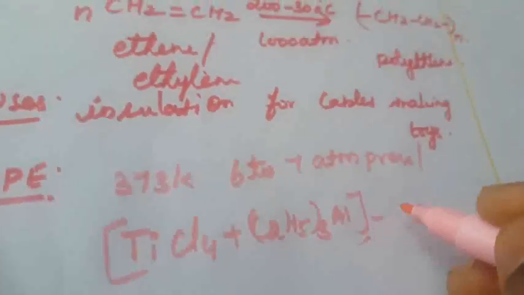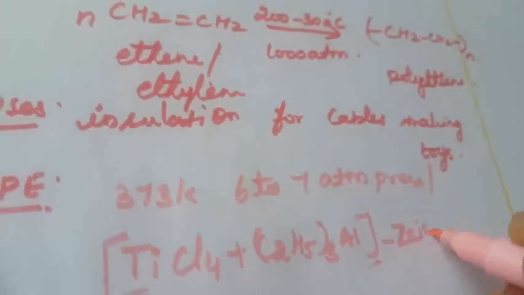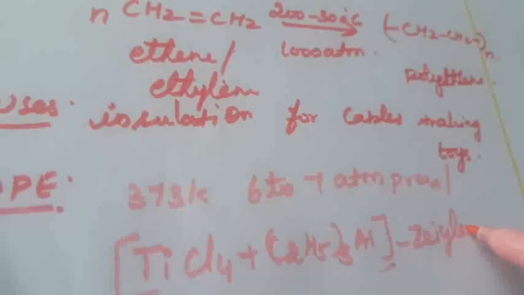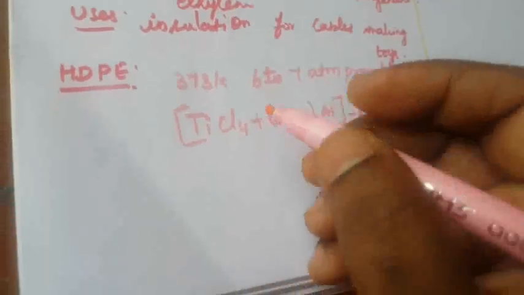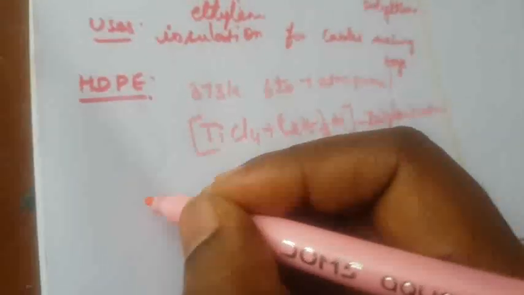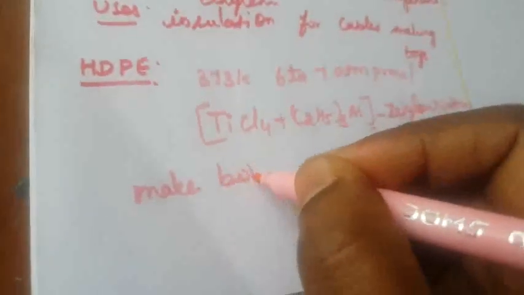These are called Ziegler-Natta catalyst. Using it as a catalyst, the high density polymer can be prepared. It is mainly used to make bottles and pipes. These are all the uses of high density polythene.